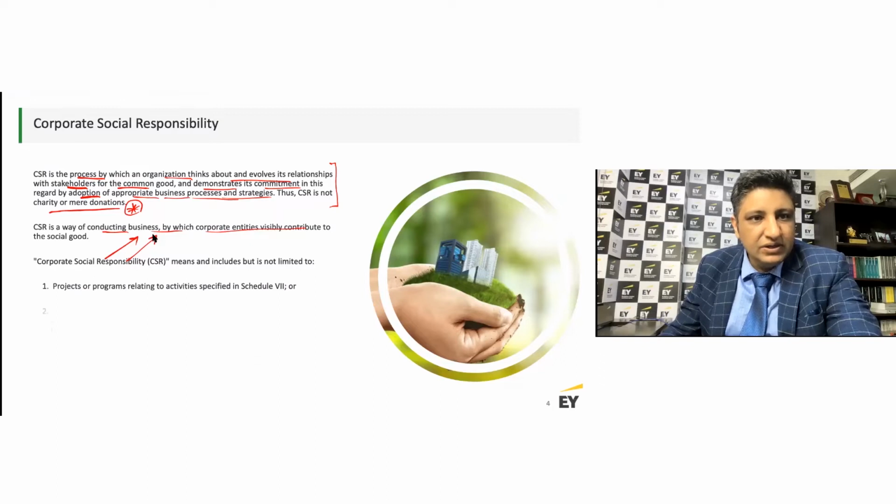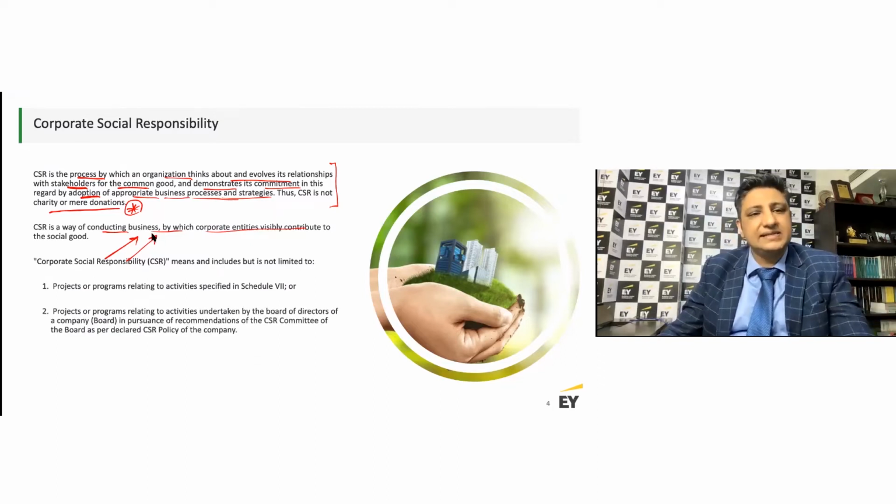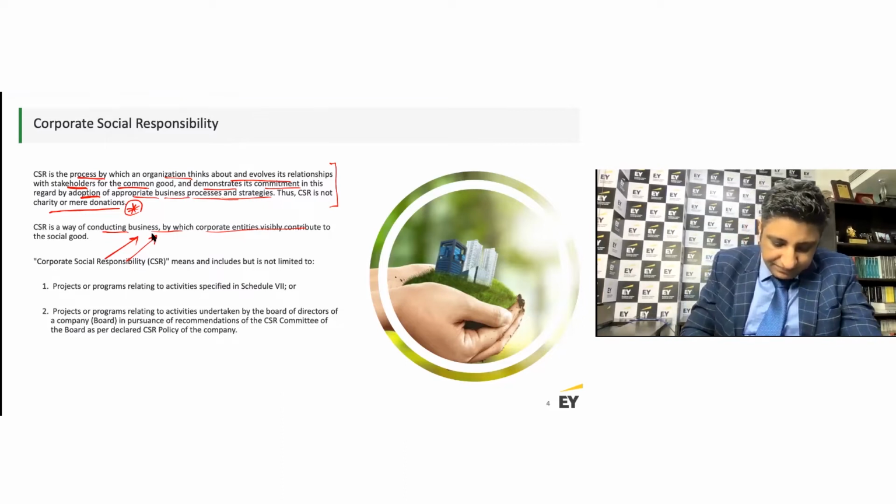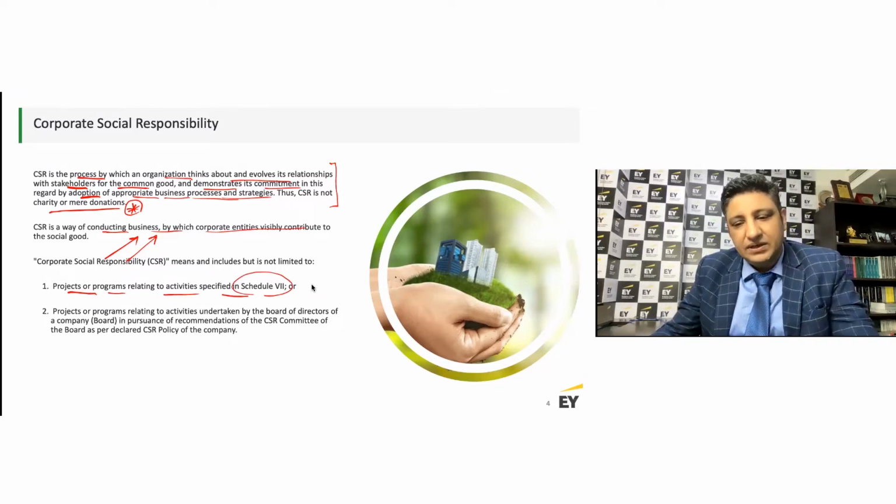All right. So when you say CSR, it would not just be confined to some designated products, but to the defined activities, or the permissible activities governed under Schedule 7.